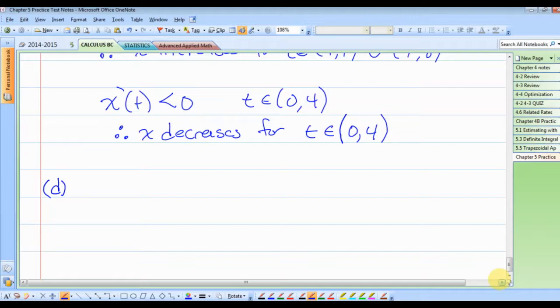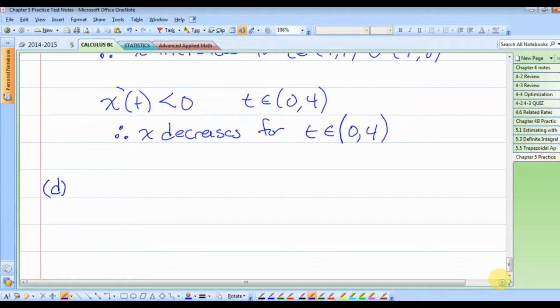How do I know that a function has a relative minimum based on the graph of its derivative? Not when it's 0. If x increases and then decreases, we get a relative maximum. If x decreases and then increases, we get a relative minimum.